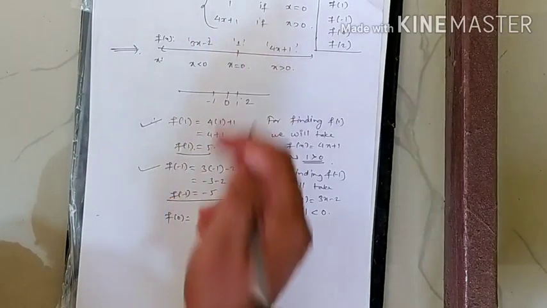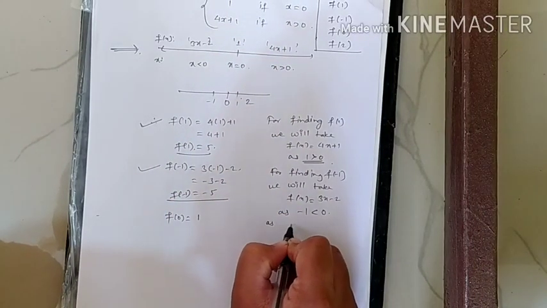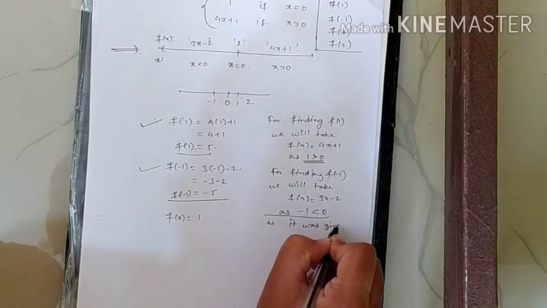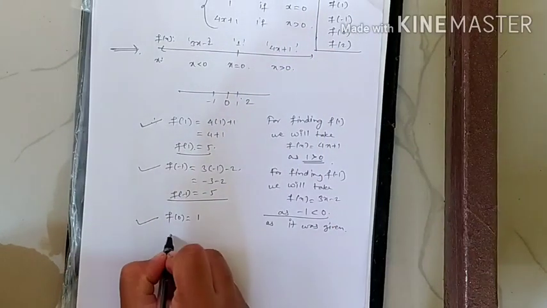At f of 0, what is the value? F of 0 is 1 as it was given. Okay. Now f of 2 we have to find.